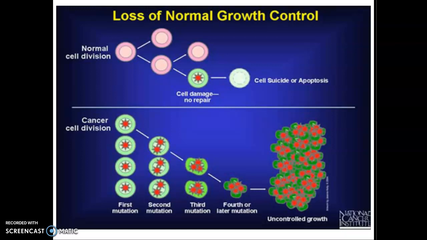But look at cancer cells. We have a first mutation, second, third, and fourth. That's what's leading to the uncontrolled growth. So cancer is, again, not typically a one mutation. It's going to be an accumulation of mutations. So you can copy this into your notes, but you can see the differences in terms of how this works.